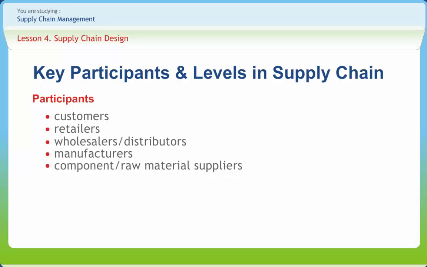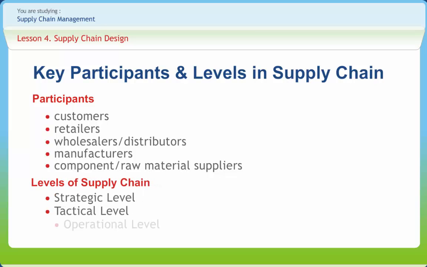Supply chain management operates at three levels: strategic, tactical, and operational. At the strategic level, company management makes high-level strategic supply chain decisions that are relevant to the whole organization. Tactical supply chain decisions focus on adopting measures that will produce cost benefits for a company.